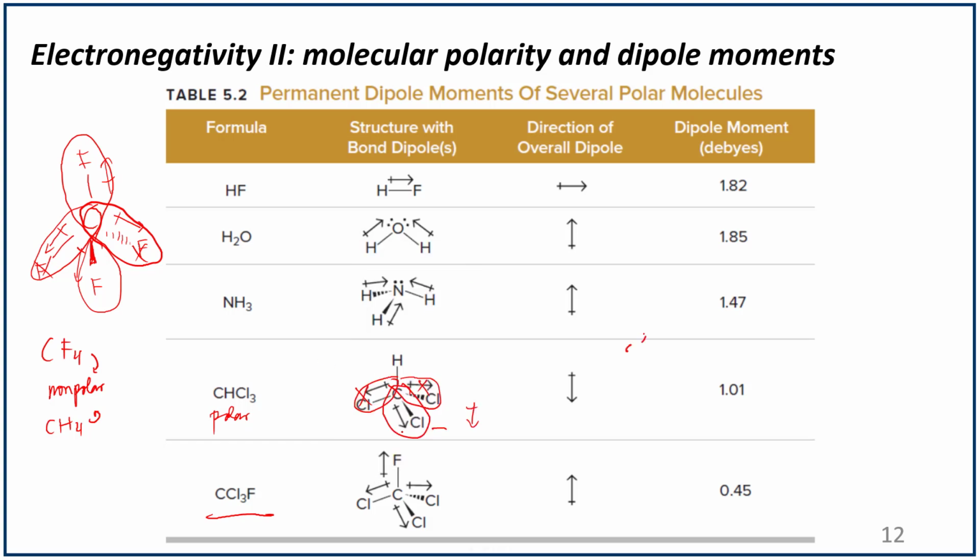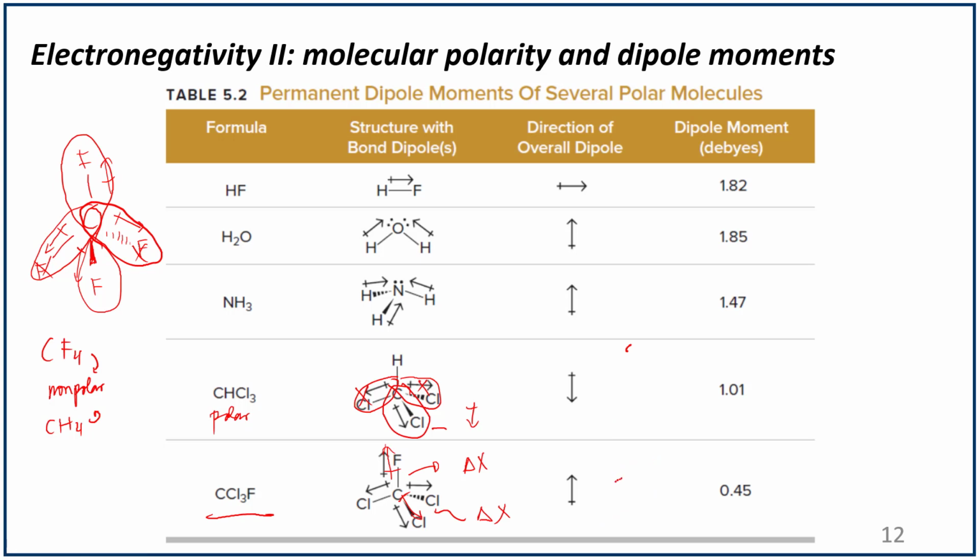Fluorine has a higher electronegativity than chlorine. To some extent, this carbon-chlorine bond will cancel out some of the electron pull from this carbon-fluorine bond, but not that much, because fluorine still has a higher electronegativity. This bond has a higher change in electronegativity than this bond. So this molecule will be slightly polar, but nonetheless, if you're asked in a test whether this is a polar molecule, then yes, it's still a polar molecule.